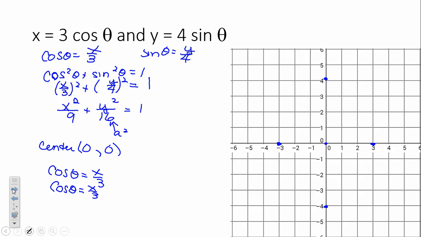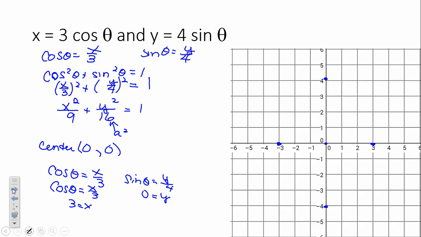So 1 equals x over 3, so 3 equals x when theta is 0. And sine of 0 is y over 4. What's the sine of 0? 0 times 4 is still going to be 0, right? So x is 3 and y is 0 when theta was 0.